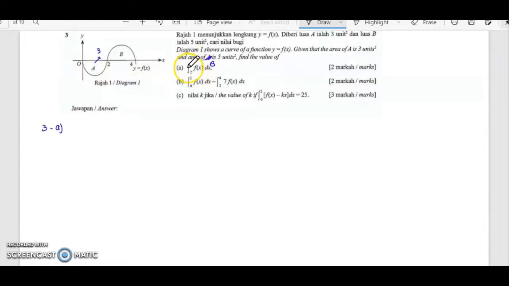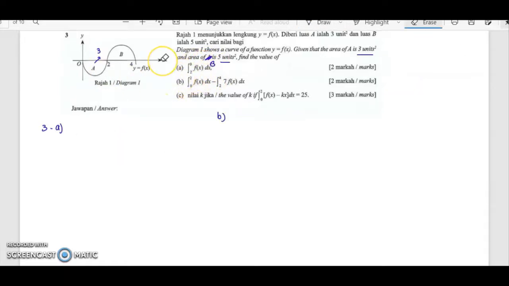Application of integration. When we integrate with the limit given, contoh kita integrate daripada 0 sehingga 2, kita akan dapat value of area. Integration of that function ada limit, dia adalah sama dengan area.